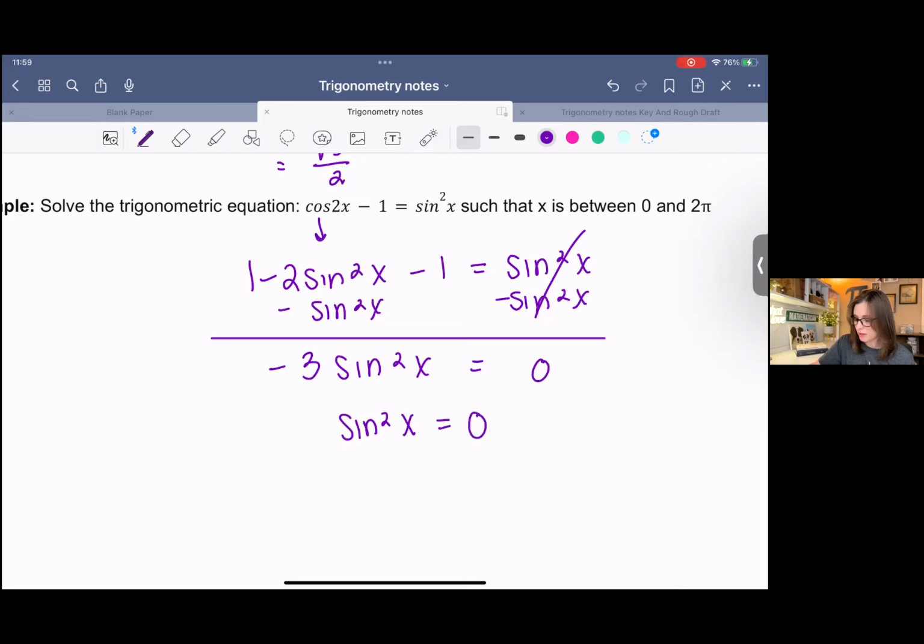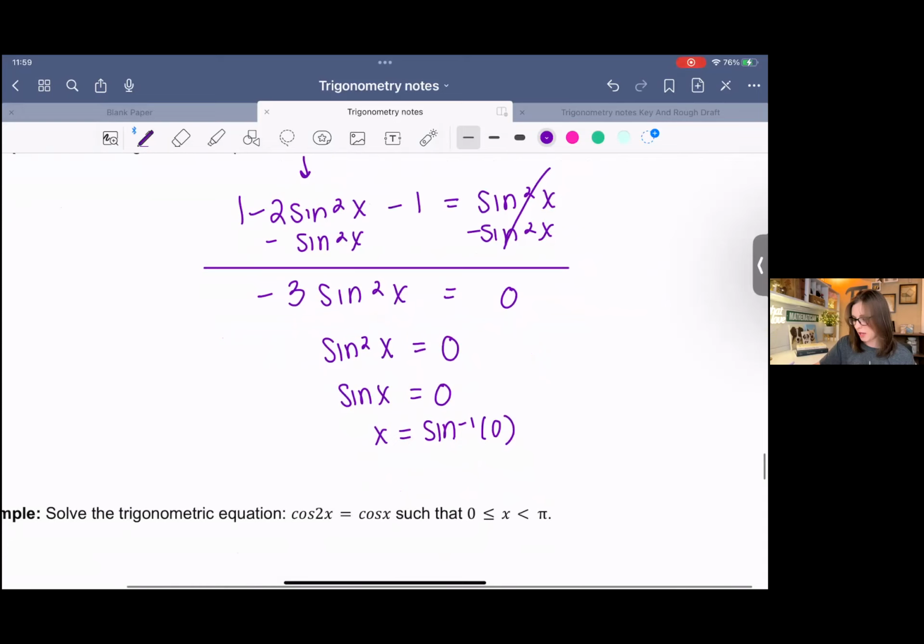And we get sine squared x equals 0. We can square root both sides. Sine x equals 0. So we're looking for values of x where sine is 0. And that is going to be at 0, 2 pi, and pi. 0 and 2 pi are the same. So I'm just going to say 0 and pi. There you go.